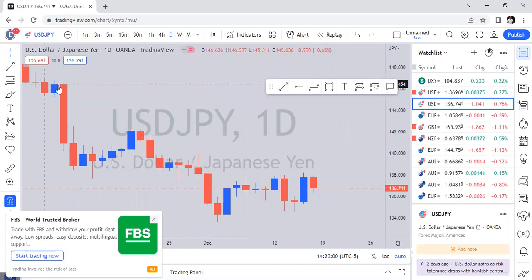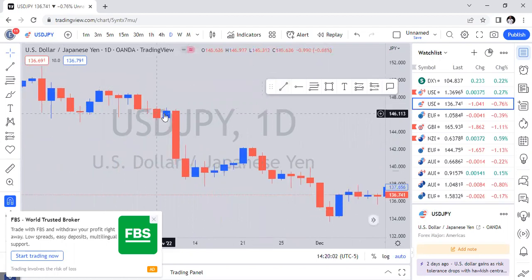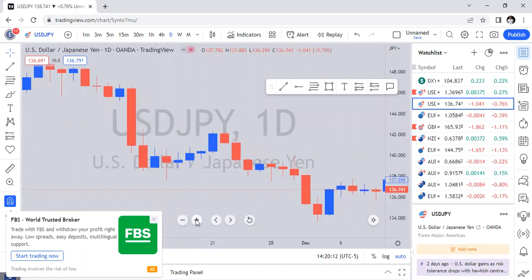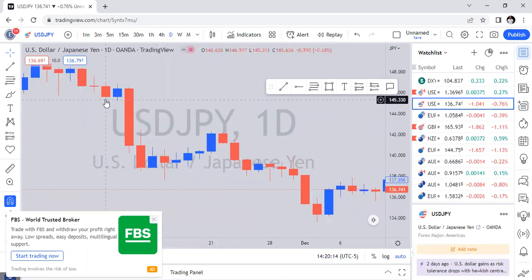Look at this as an example. See the formation of these candles here. This one took out the low of this candle, but it did not take out the high.